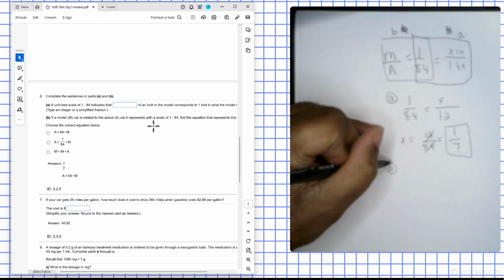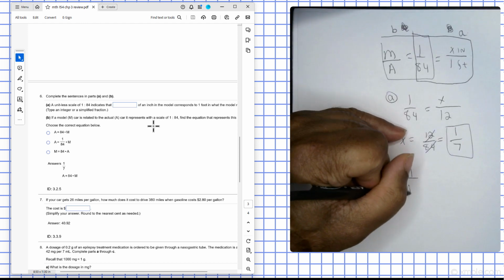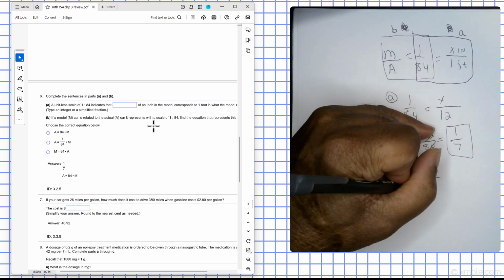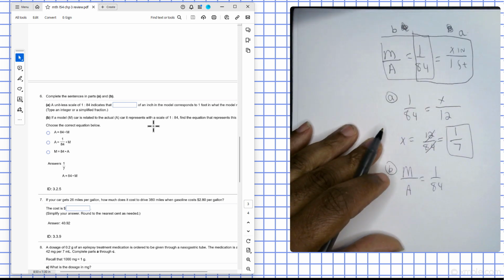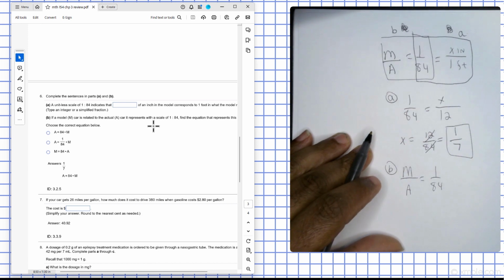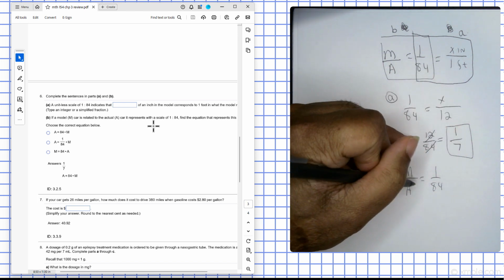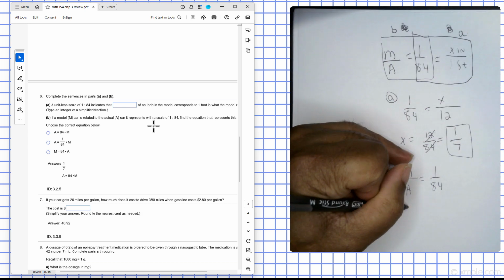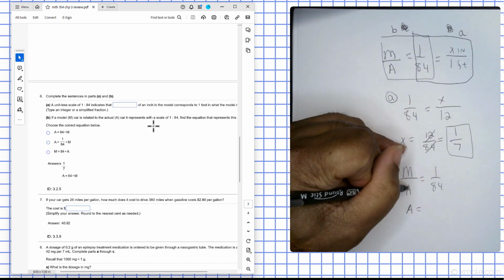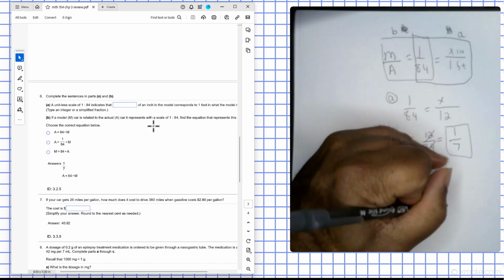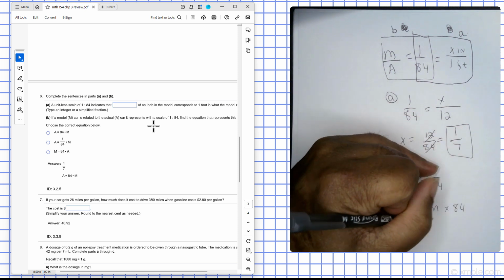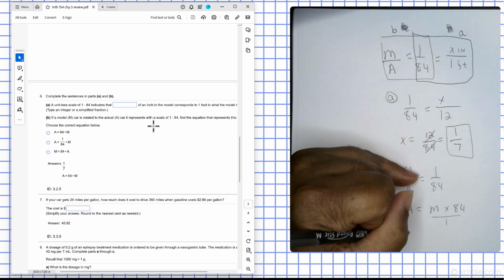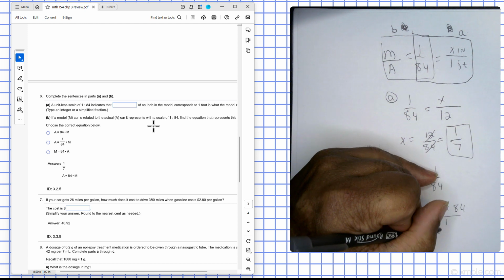For part B, we have the model to the actual, 1 over 84. Okay, so find the equation here. If I cross multiply and divide, I'll have A is equal to M times 84 divided by 1, or A is equal to 84M.